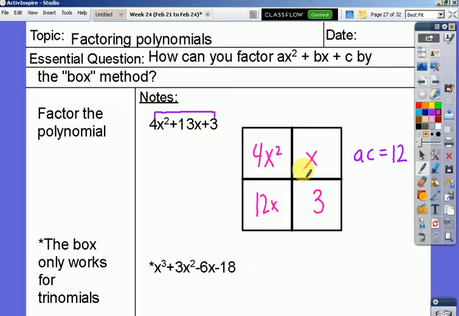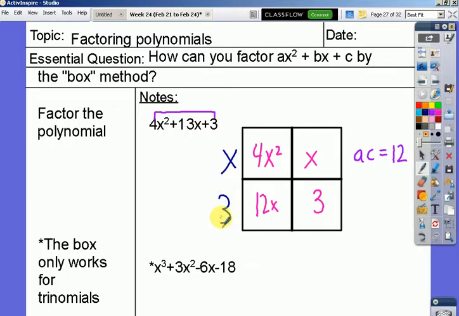So all that we have to do, once we put it like this, is just look at GCFs. We're going to go row and then column. Let's look at our first row, our second row, and then our first column and our second column. Looking at our first row, we look at a 4x squared and an x. What can I factor out of these two? An x, right? Second row, what can I factor out of these two? A 3.